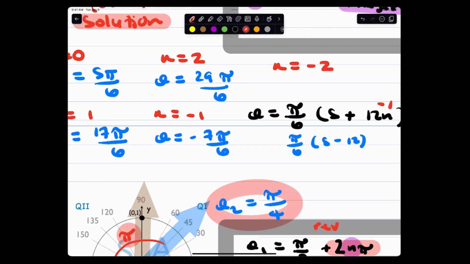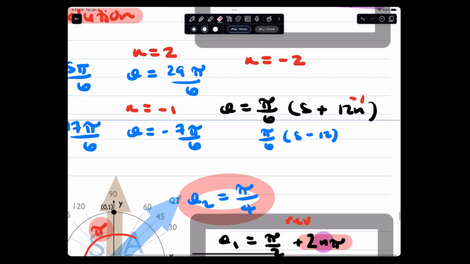n is negative 2. So 12 times negative 2 would be negative 24. What's 5 minus 24? It's negative 19 pi over 6.